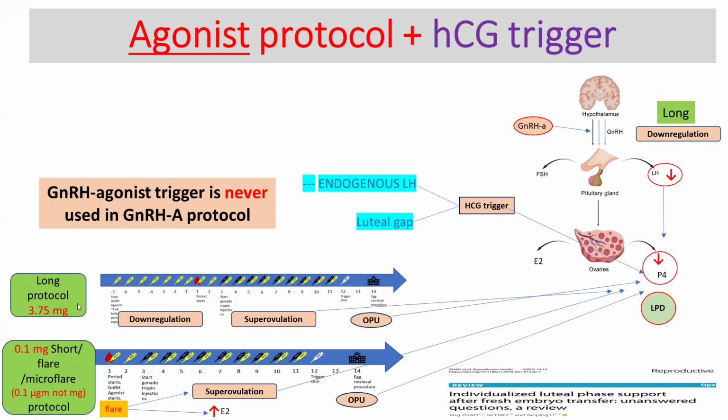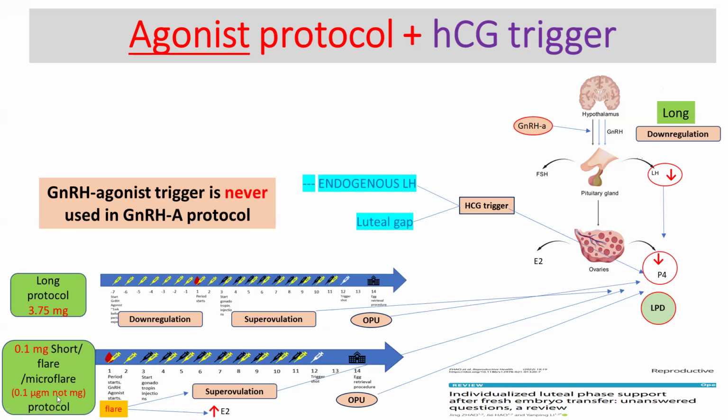The long protocol, 3.75 milligram, is causing downregulation, decreased pulsatile LH, superovulation, decreased LH again, triggering by HCG, decreased endogenous LH, luteal gap, and ovum pickup also decreases progesterone. All these steps can lead to luteal phase defect.